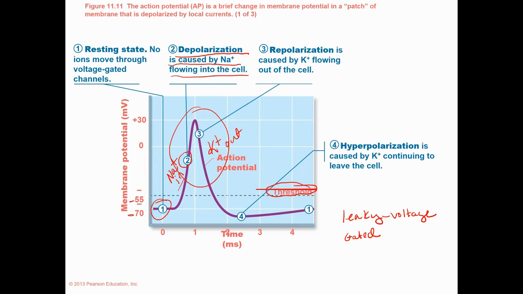And then you can see it's becoming more positive. Then some of the positive ions are going out, and this is the repolarization. And now it's becoming even more negative, because the gates are delayed and they take longer to shut.